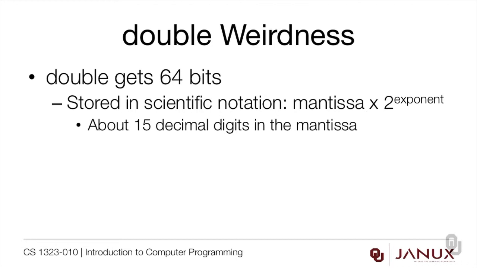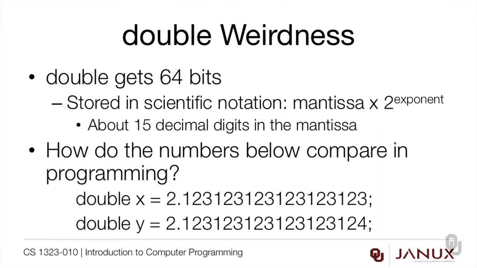You have a mantissa, just like you do in scientific notation, and then times 2 to the exponent. Now, you've probably seen 10 to the exponent before, because that's more typical in algebra. But in computer science, because we're doing things in binary, with 0s and 1s, we tend to use 2s a lot instead of 10s. Now, what we get are about 15 decimal digits in the mantissa, but only 15.